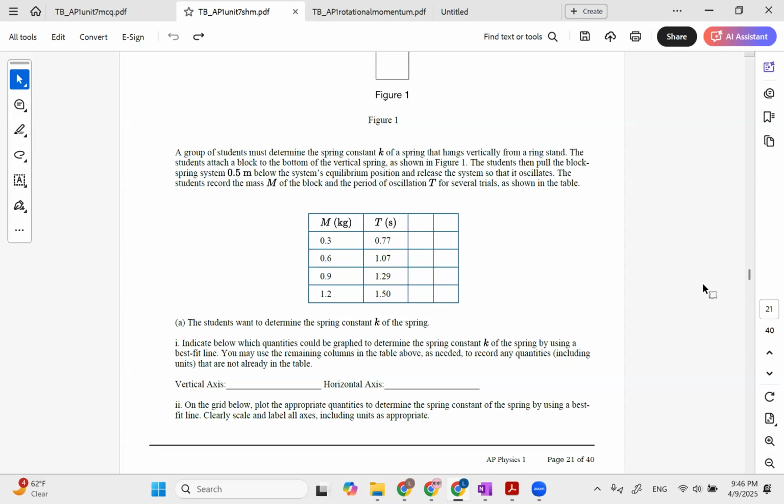Oh, we want to put mass on vertical, time on horizontal. Okay. Thank you. Mia, what do you want to graph?